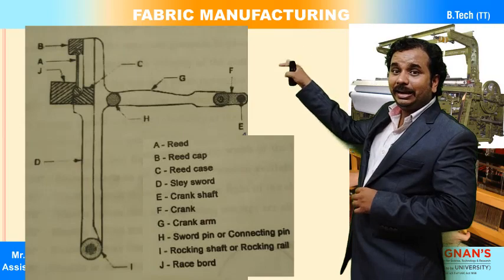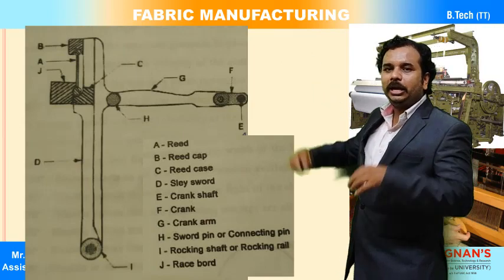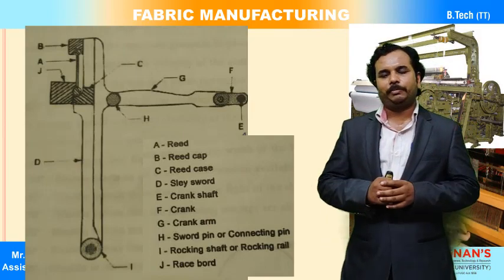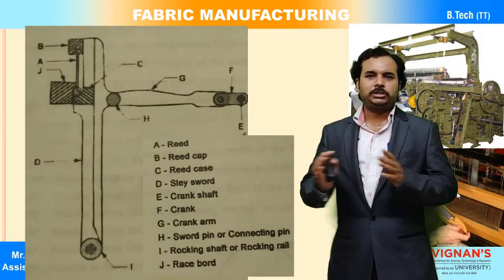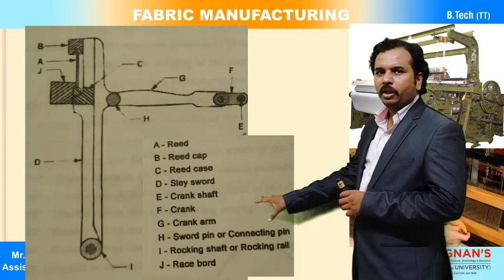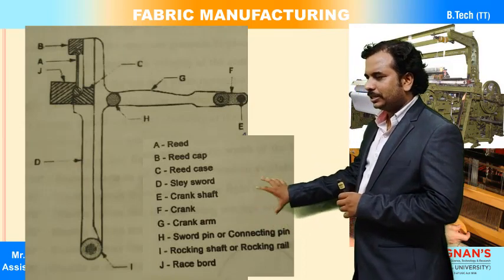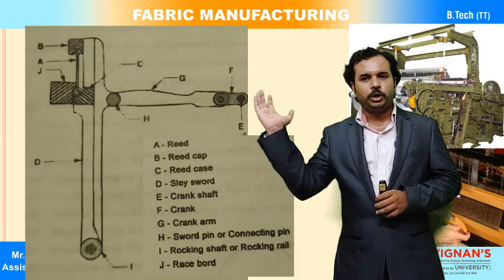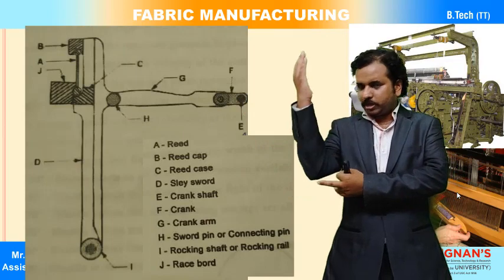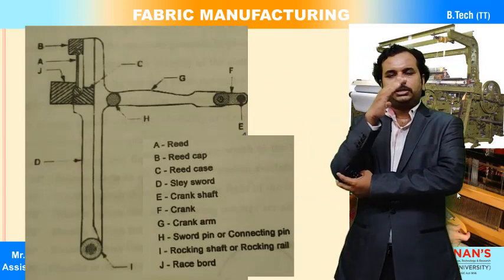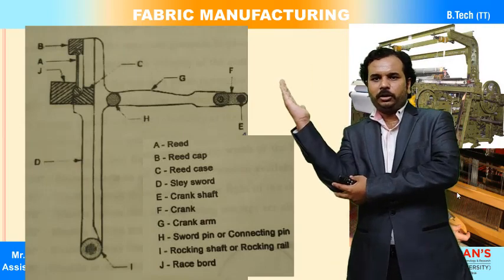The reed is fixed in between the race board and the reed cap. At the bottom side there is a rocking rail, which is the fixed point. The bottom side is fixed, but the slay sword is going to move forward and backward.